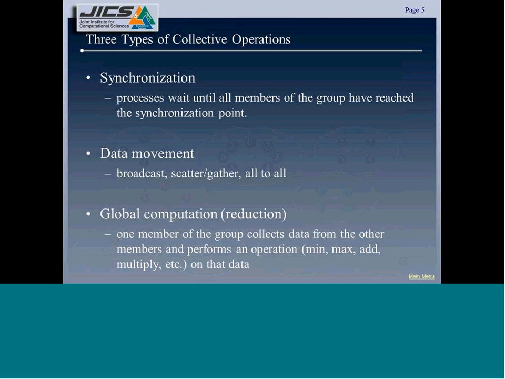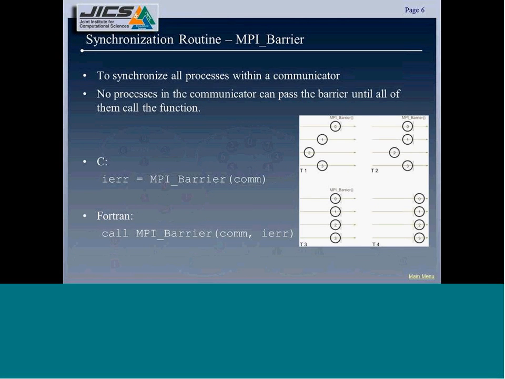The third type is global computation, where only one member of the group collects the data from the other members and performs a certain mathematical operation or function on the data. This saves programming time as well as data movement in basic collective communication calls.